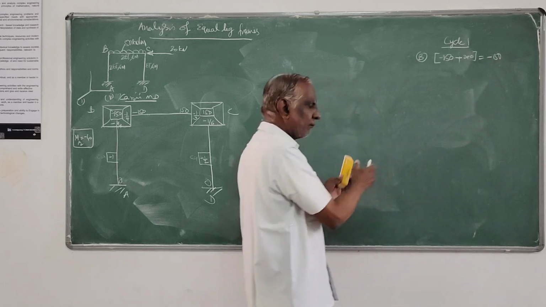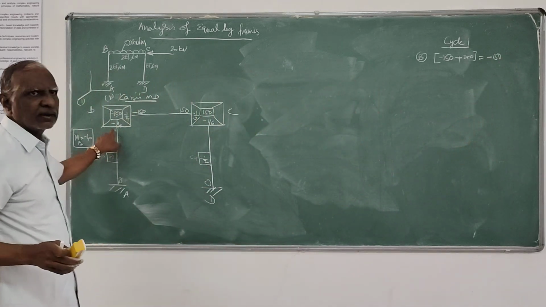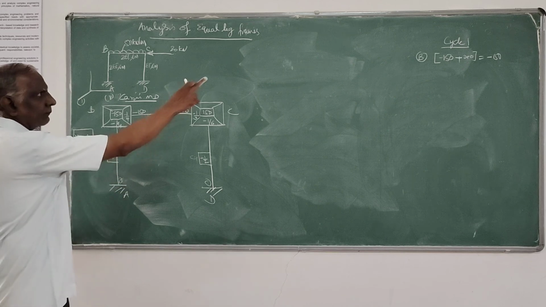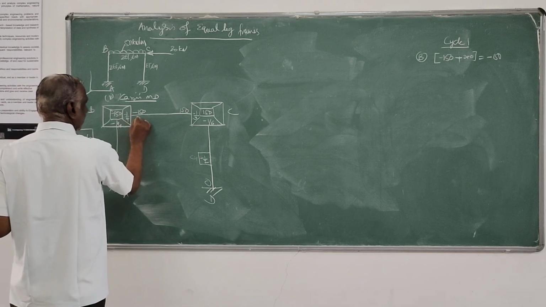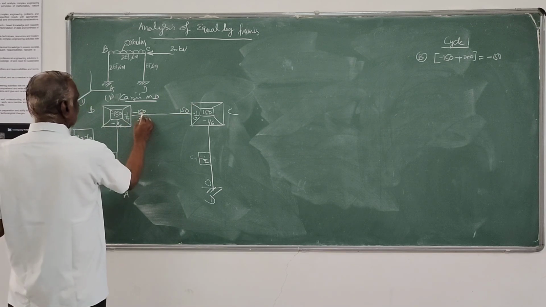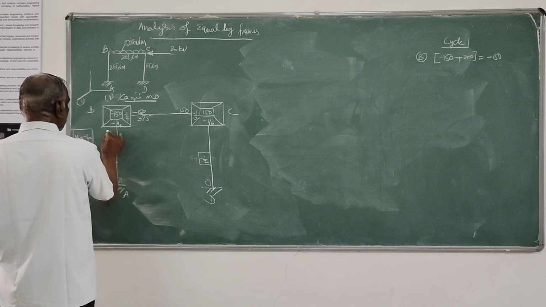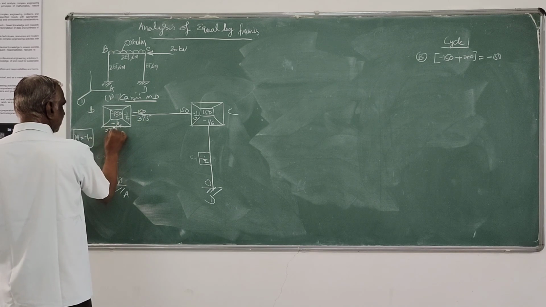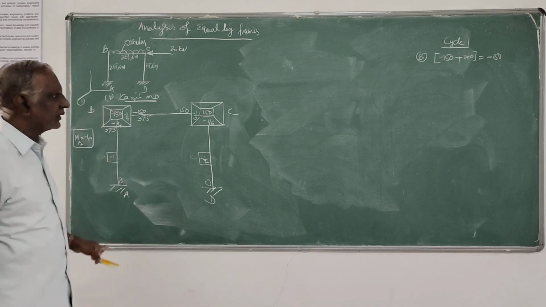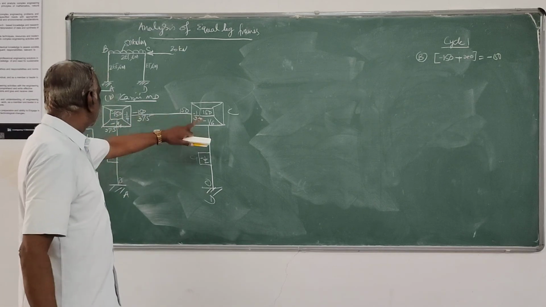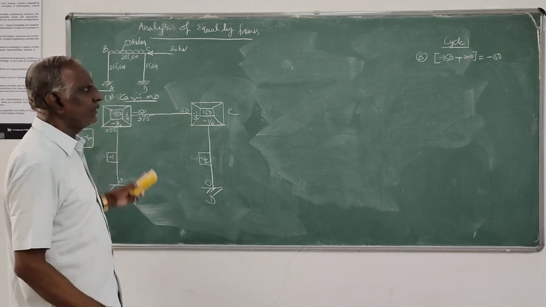This sum I have to multiply by the rotation factor RF. So minus 150 into minus 1 by 4, that is 37.5. Here also 37.5. So that is the joint rotation contribution for BC and BA.